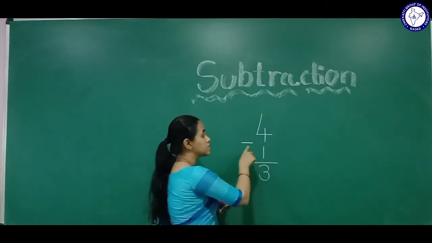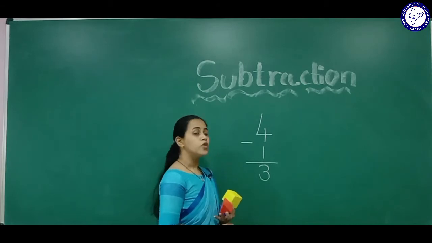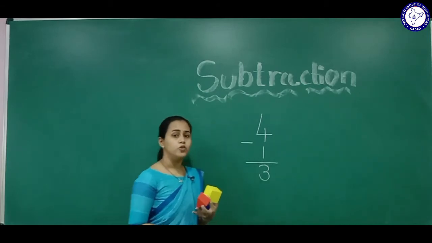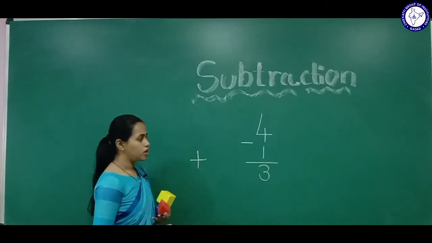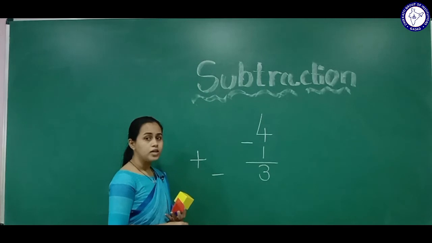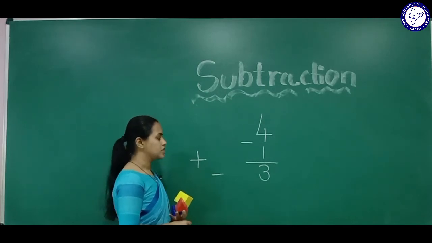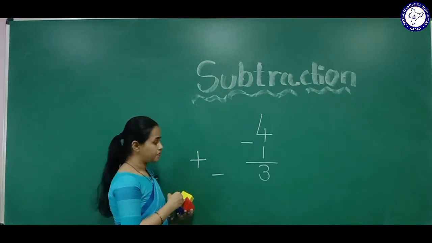This is the symbol for subtraction. For addition, what do you do? You do it like this, right? That's the addition symbol, and this is for subtraction, kids. Here you should add.